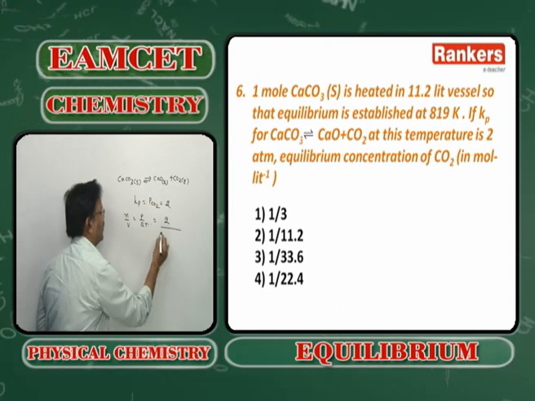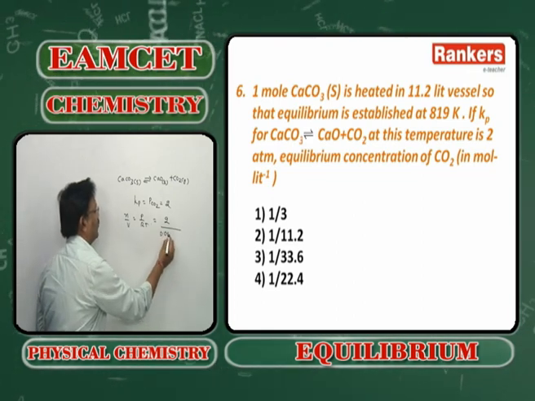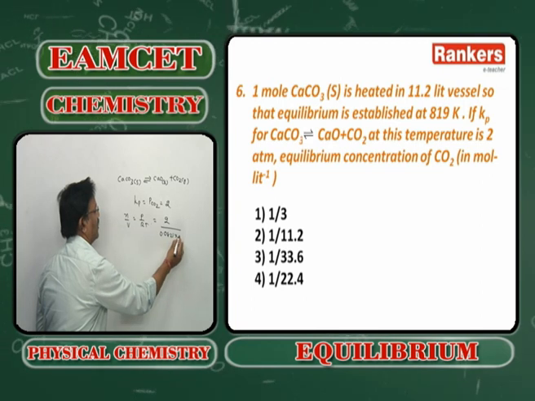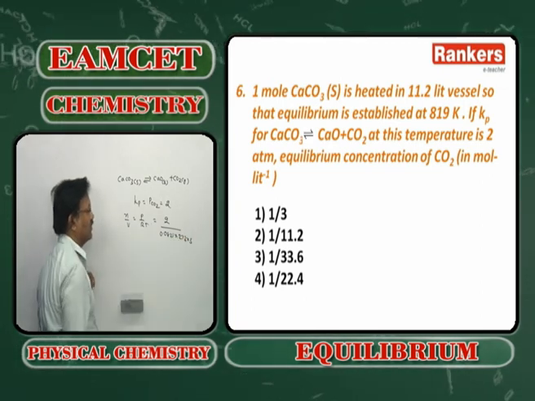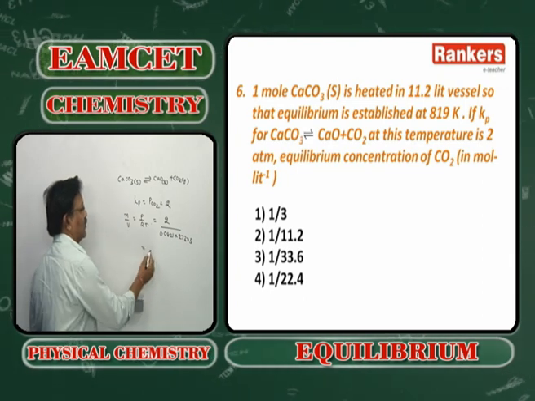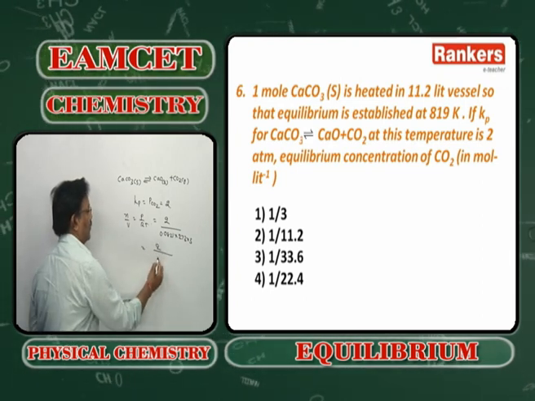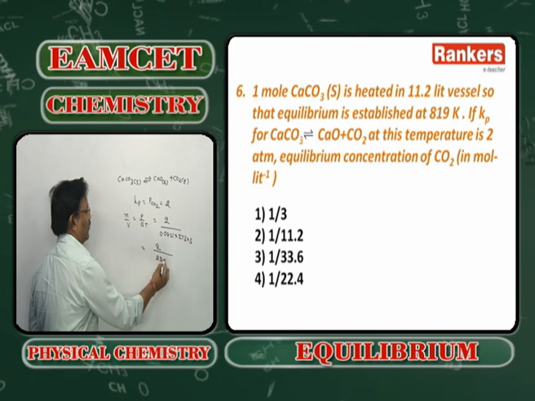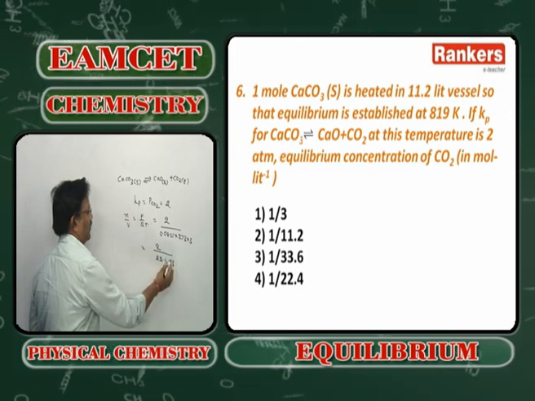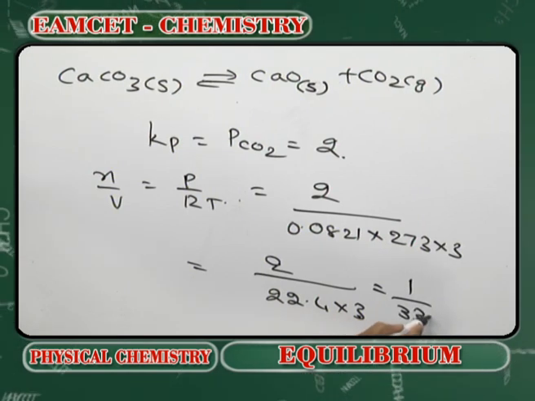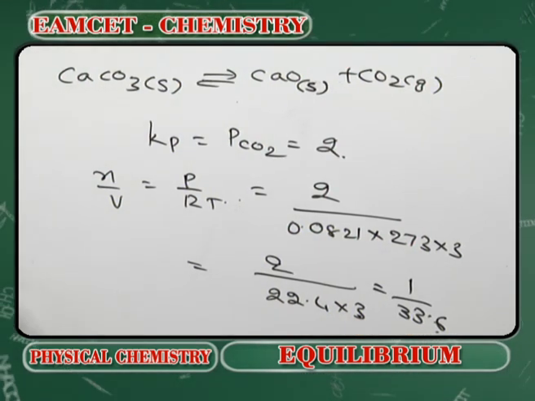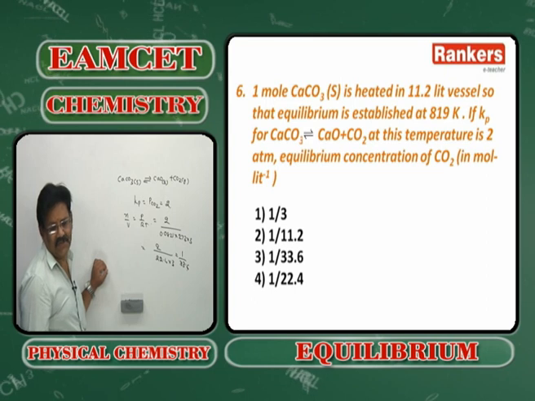R is 0.0821. I write 819 as 273 into 3. So 2 by 22.4 into 3, which is 1 by 33.6. Option 3 is the answer.